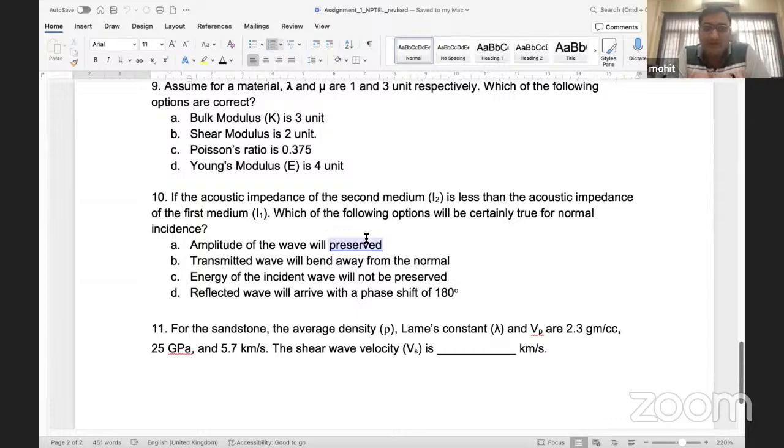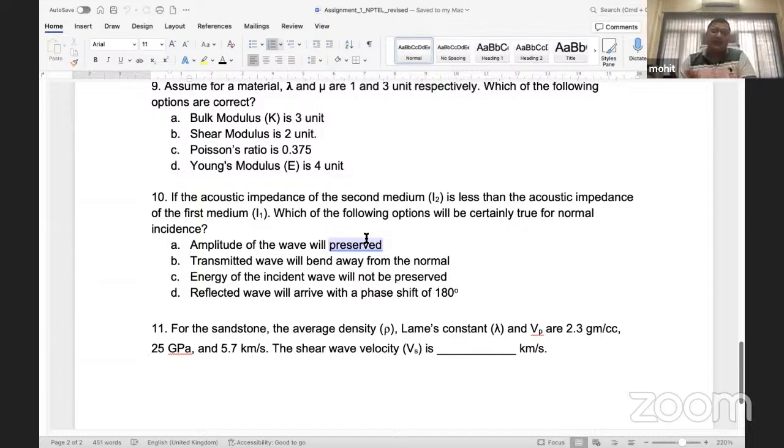So option D is correct. What happens when the acoustic impedance of the second medium is lesser than that of the first medium? The reflection coefficient will be negative. So that means there will be a phase shift of 180 degrees in the reflected wave. So option D is correct.